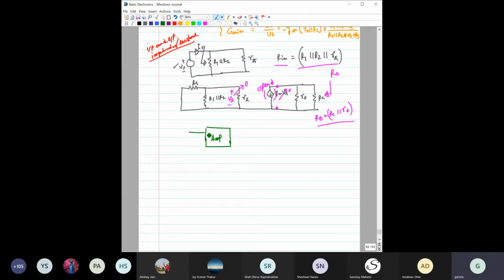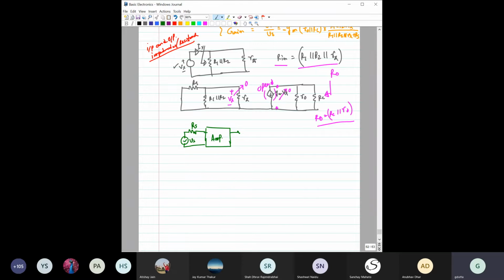Now you have a signal source. Maybe I will also put the signal resistance here. This is RS. Now you understand what is RS, right? RS is primarily the resistance offered by the source.